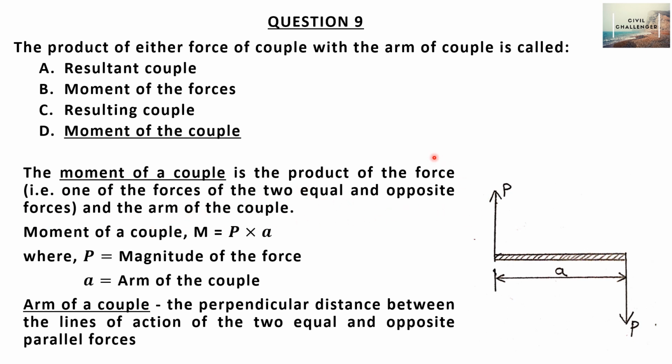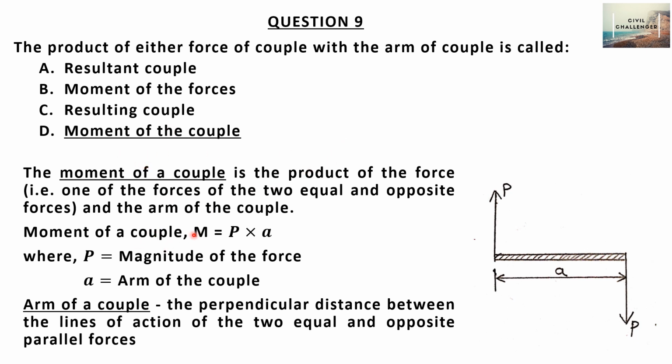If we multiply the magnitude of one of the forces with the arm of the couple, we will get the moment of a couple. Therefore the correct answer is option D. The product of either force of couple with the arm of the couple is called moment of the couple.